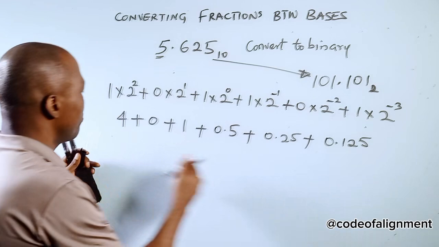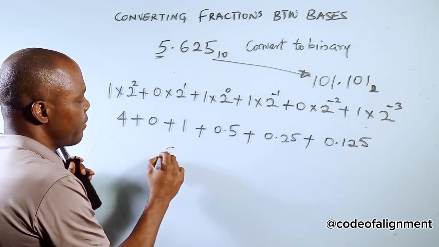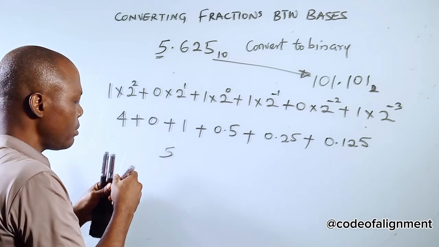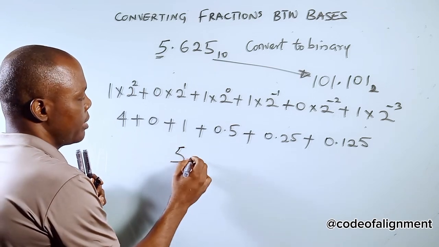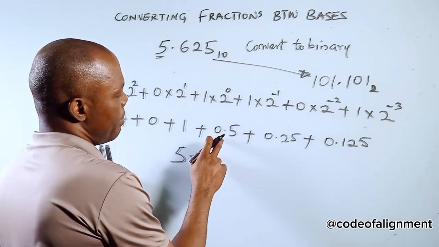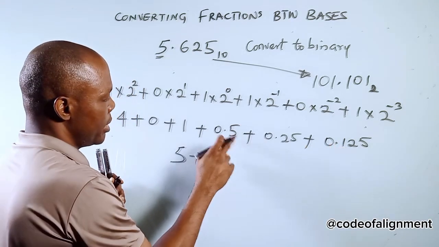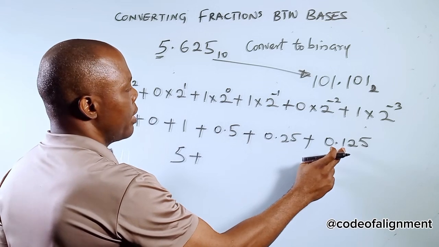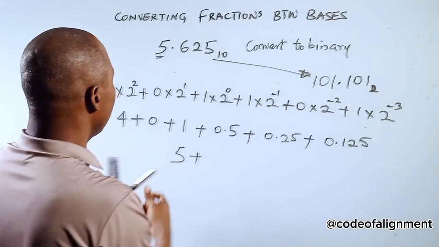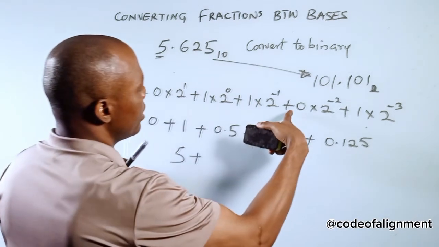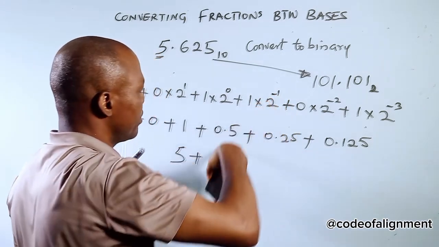So let's add this up. 4 plus 0 plus 1 is 5. So that will give you 5. That is 5 plus this position. You can see this is the first position. In this one, this place is 2 raised to the power 1, that is 5.